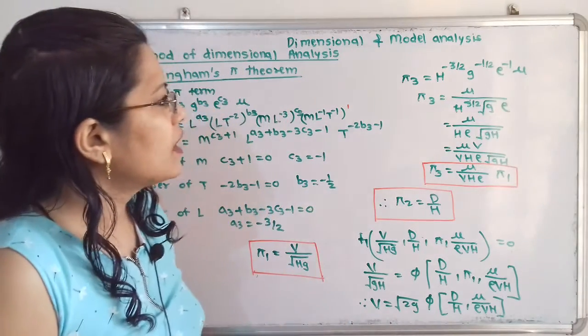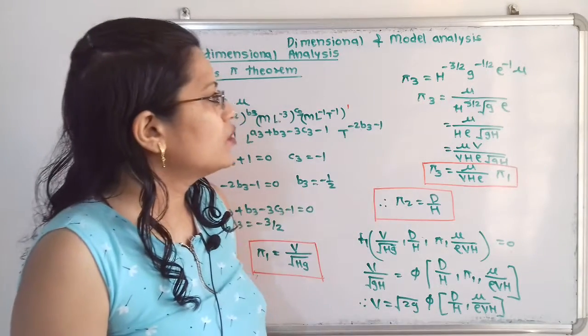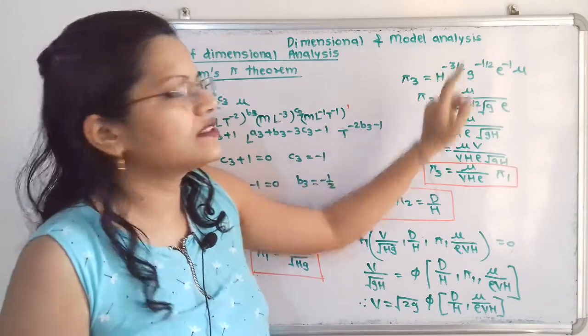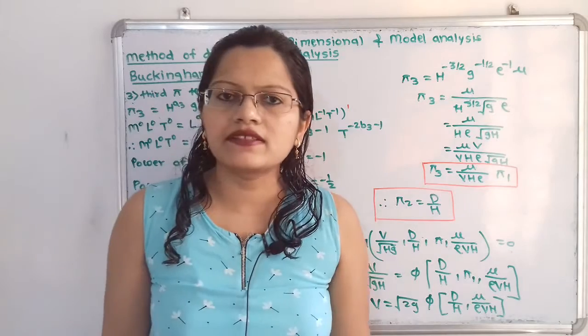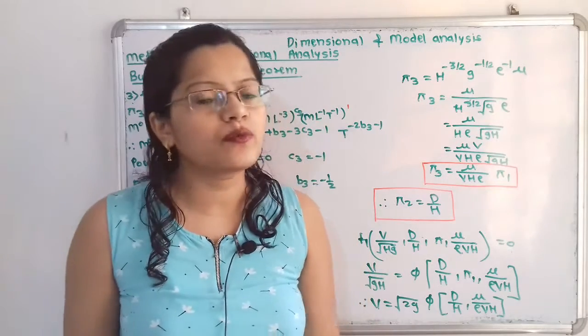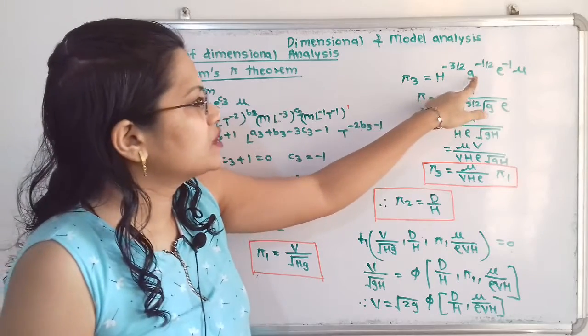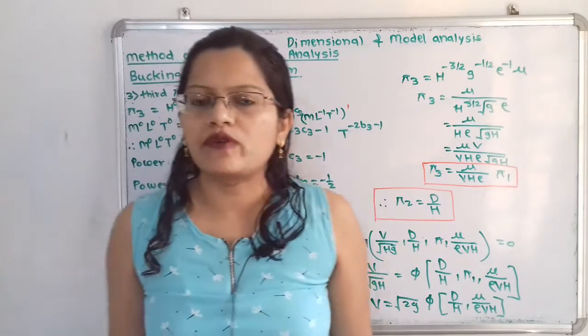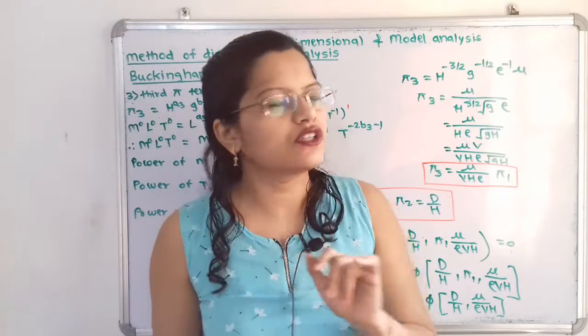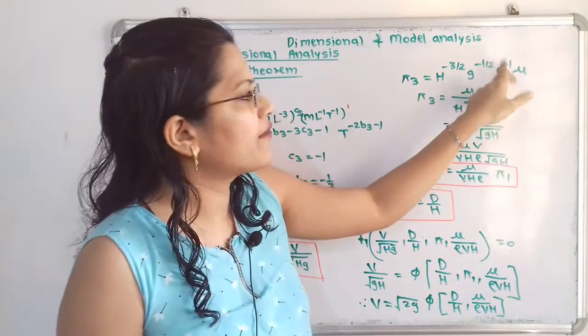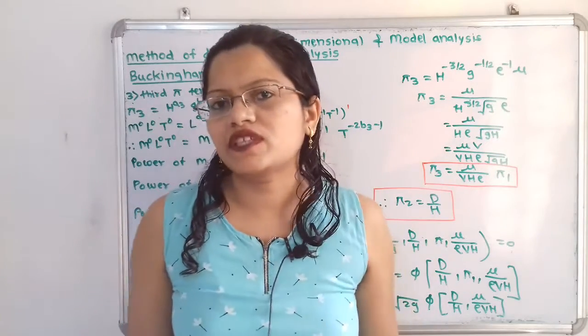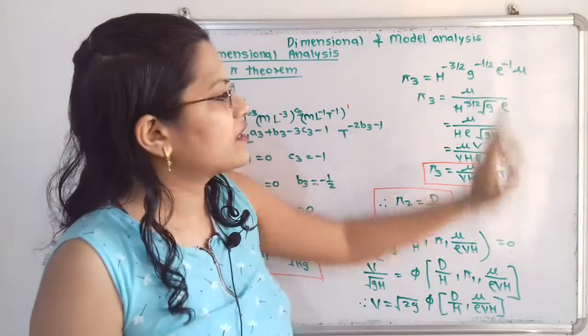So now how we can simplify this? So here h is raised to minus 3 by 2. When there is the minus sign, we have to convert it into plus sign. That is, we have to shift this term to the denominator. Then g is having minus half power, that means we have to shift to the denominator. Then rho is also having minus 1, that means we have to shift here as a denominator, and there is mu.